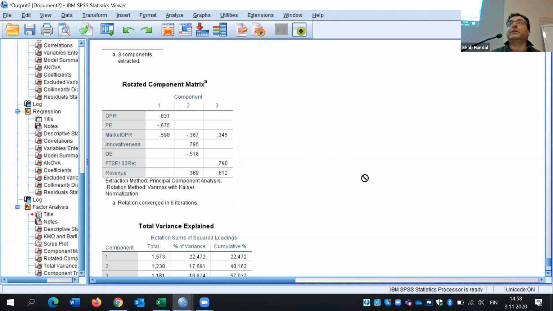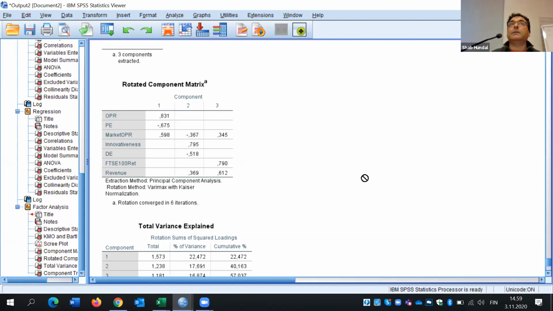No, we don't take it. So for the further analysis, you would never consider market operating profit ratio as an important variable. So we have got rid of one unnecessary variable, and the name of this variable is market operating profit ratio.